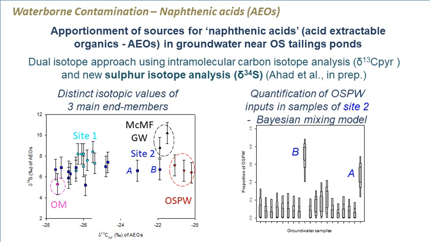So what you can see is the distribution of 2 sets of samples taken along 2 different tailings ponds.